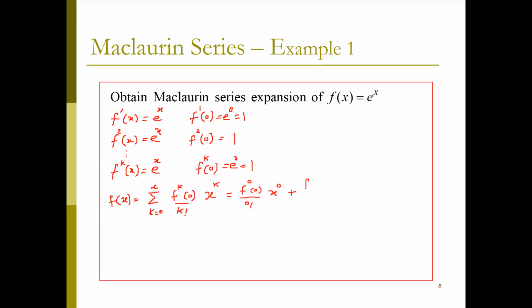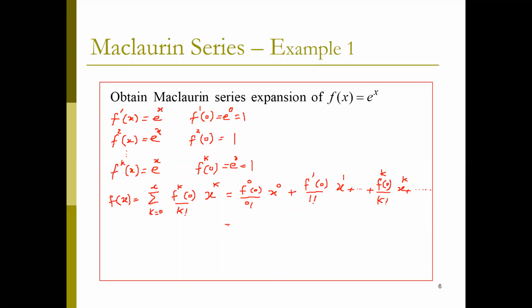Then we have f'(0) divided by 1 factorial and x raised to the power 1, plus so on. Finally, we have the kth derivative of the function at 0, over k factorial, x raised to the power k, plus so on up to infinity.